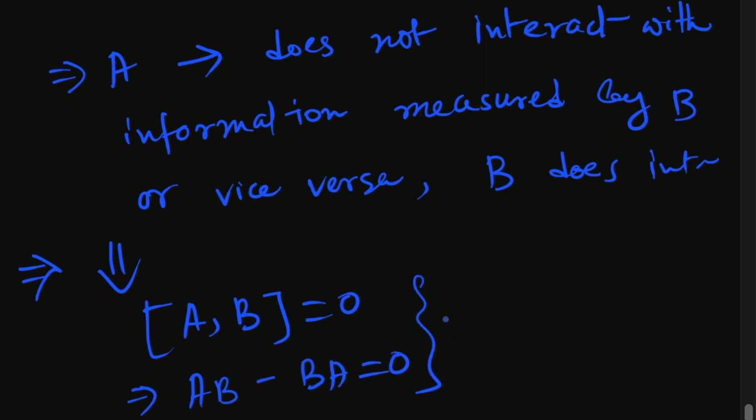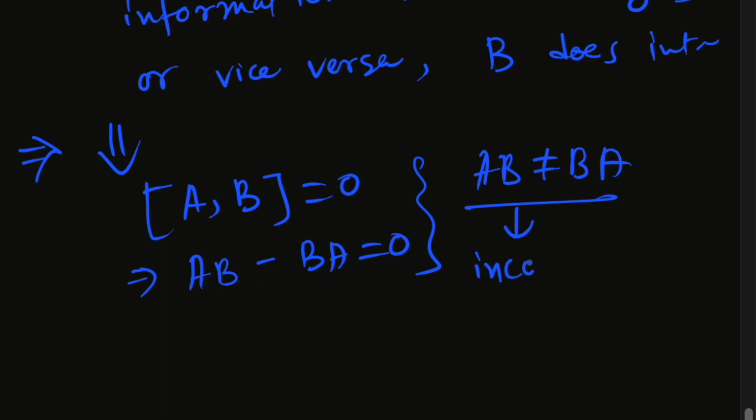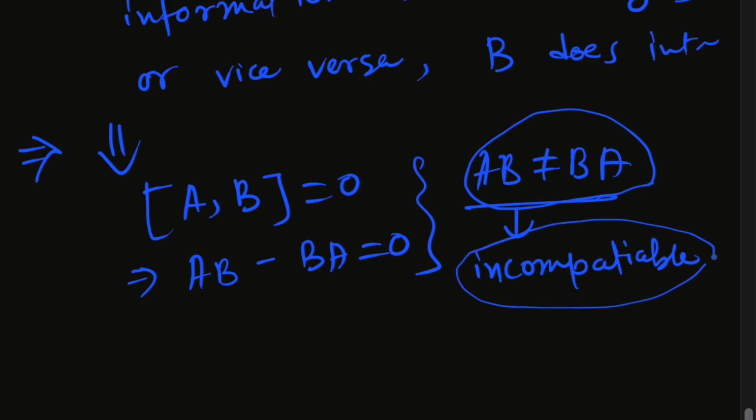This is the mathematical condition for compatibility, and if it doesn't hold, AB not equal to BA, then they are called incompatible operators. If operators are incompatible, then if we measure two observables one by one, there will be some uncertainty corresponding to that measurement, and we will see that uncertainty in the next lecture.